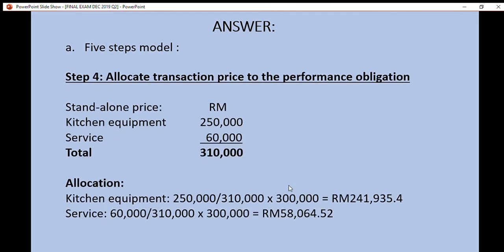We can only recognize half of the revenue that we calculated. The transaction price for the service that we calculated just now in step 4 is 58,064 ringgit and 52 cents. This is for a 1 year period, so we only have to recognize half of this amount.